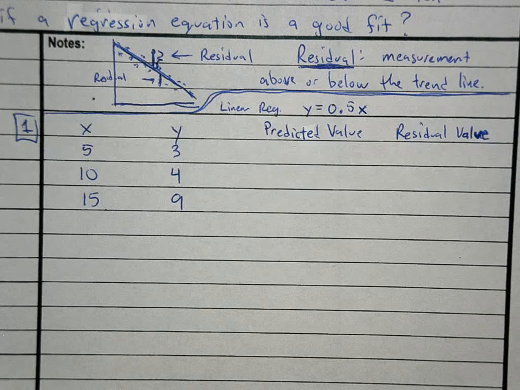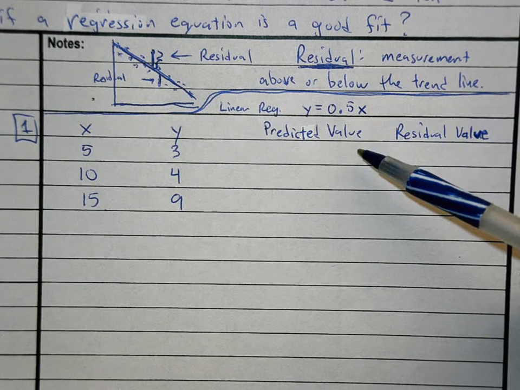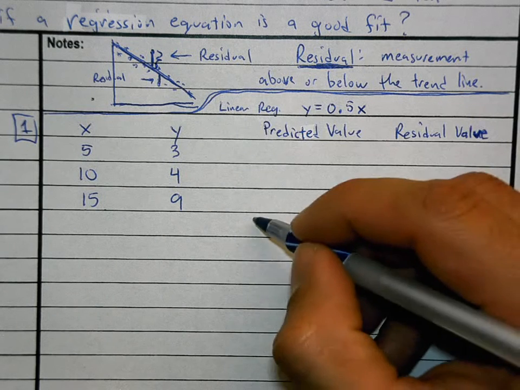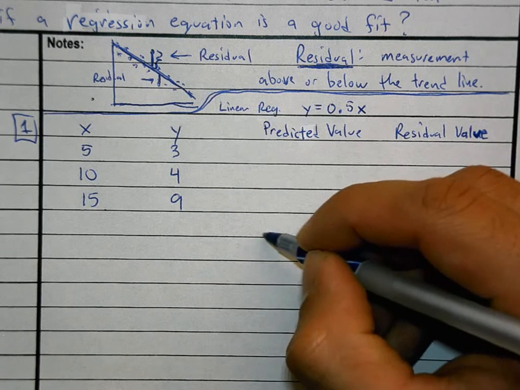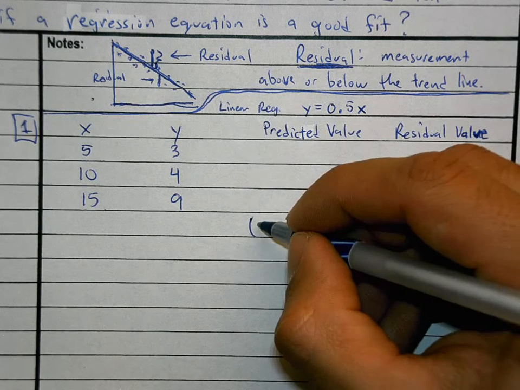So the first thing you're going to have to figure out is the predicted value. The predicted value is what you get when you plug x into the regression equation.